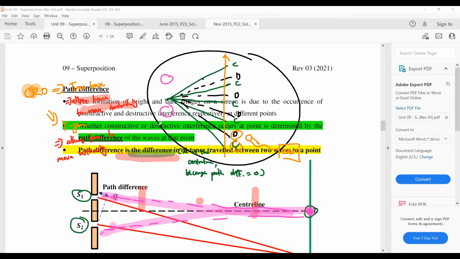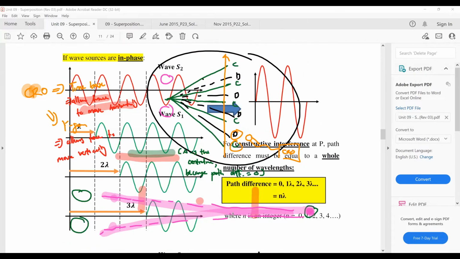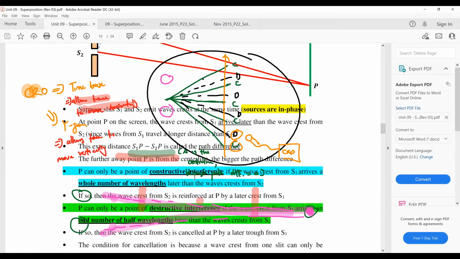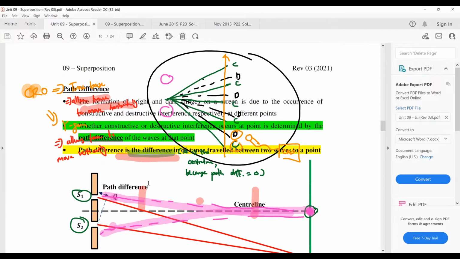Okay, and I think one of the things I forgot to mention that time was that when your path difference is 0, it is always going to be constructive interference. Okay, because both of your waves arrive exactly at the same time. So here, I could say that wave S1 would arrive like this.